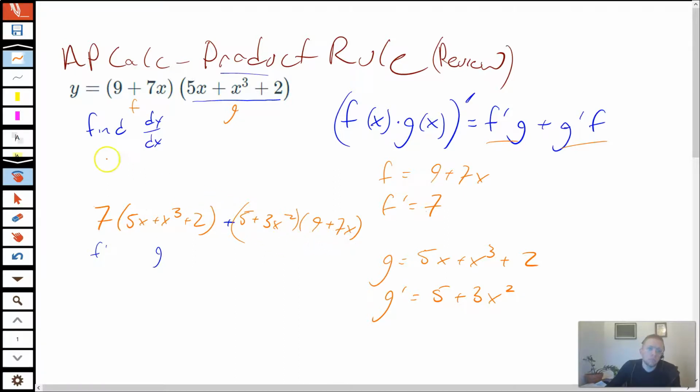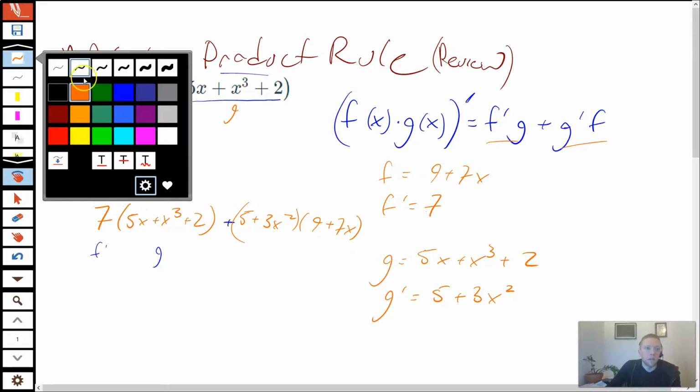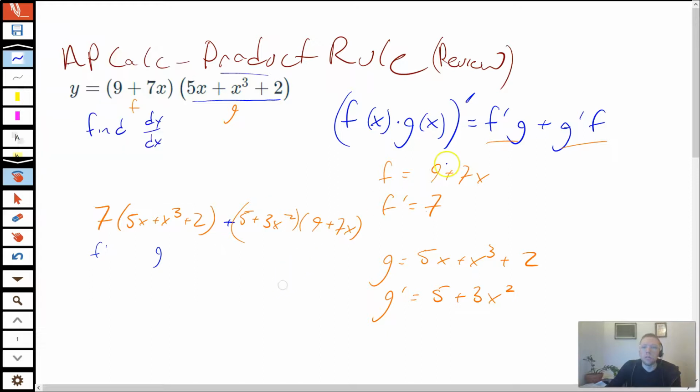And I'll label that as well to make that clear. g prime is my first set of parentheses there, and then plain old f is my second set of parentheses. So f prime times g plus g prime times f is the sort of algorithm we're following there.